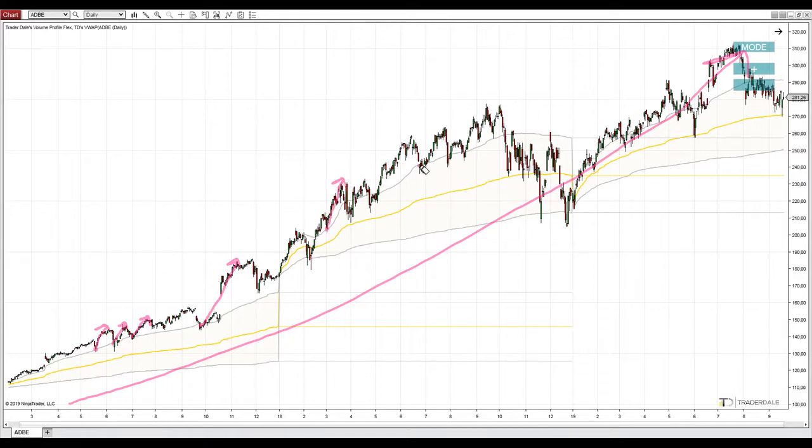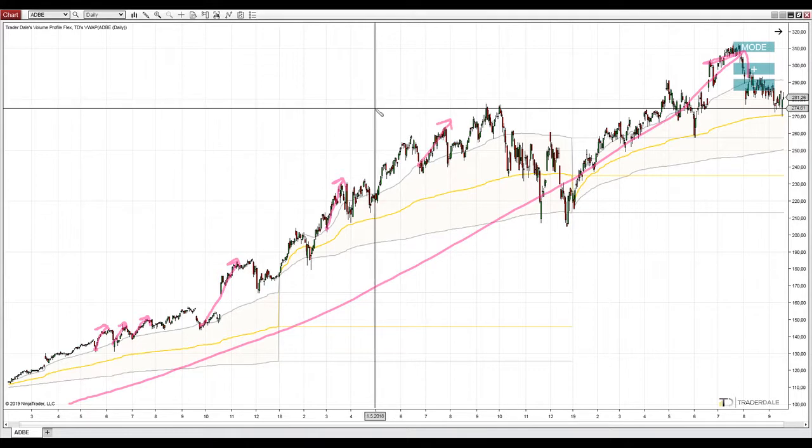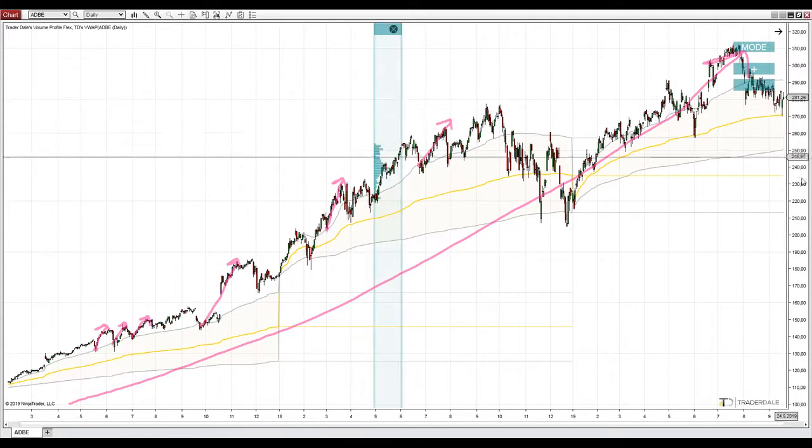Then there's another reaction. This one is also a very nice confluence with the volume profile. As you can see, there was the trend setup, and massive volumes accumulated in here, almost exactly at the place where the first deviation was. So that was a very strong level to go long from.